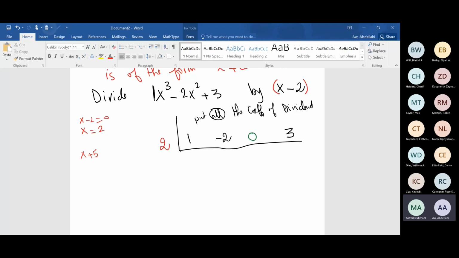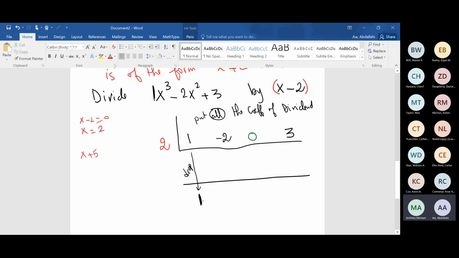Now look at the process. The first step is to drop the 1 here. Now what next? Again, this is a process. I'm learning the process here at the same time as you.